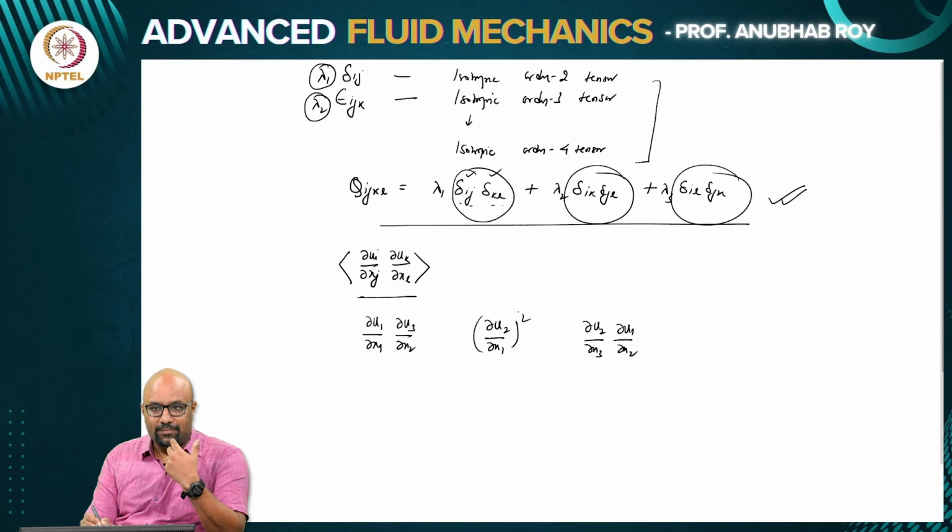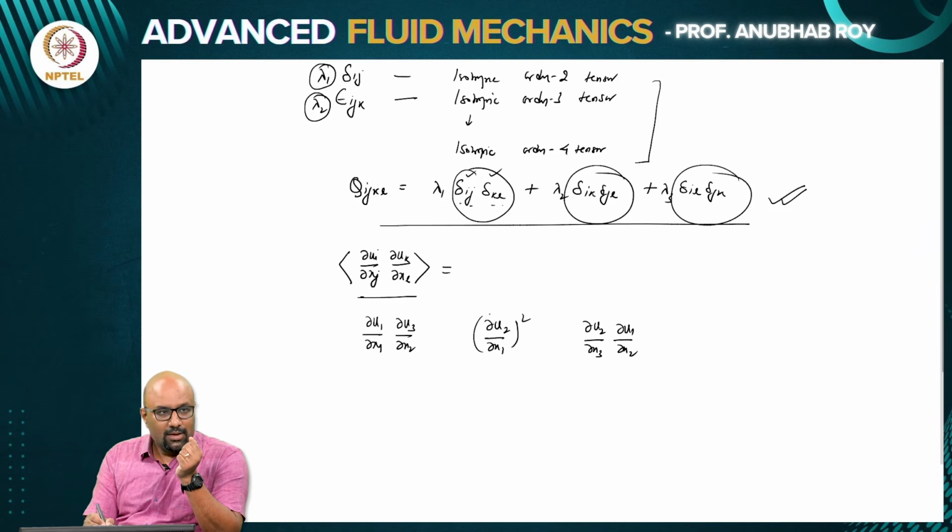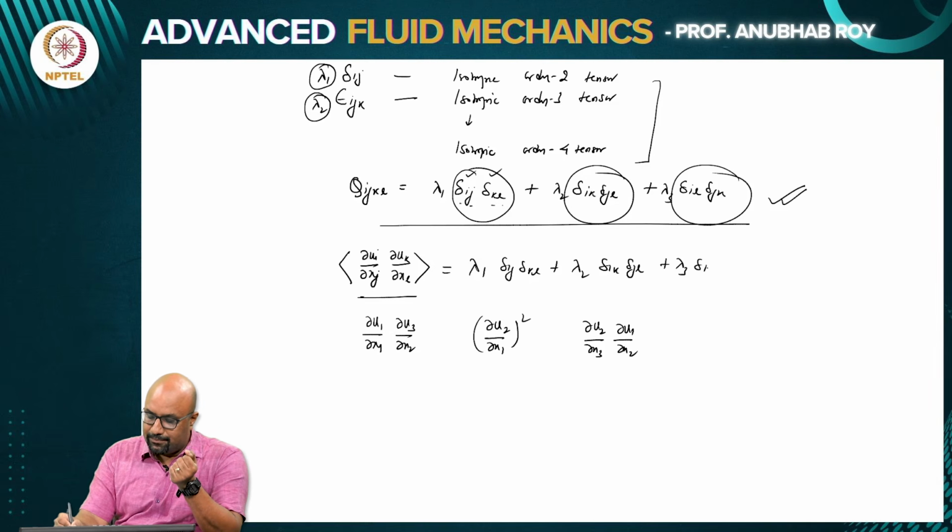Similarly, I can have a quantity which is homogeneous, which means point-wise there is no spatial variation. So when you have isotropy, before you do any calculation, you know that this complicated velocity gradient correlation can only have this particular form.